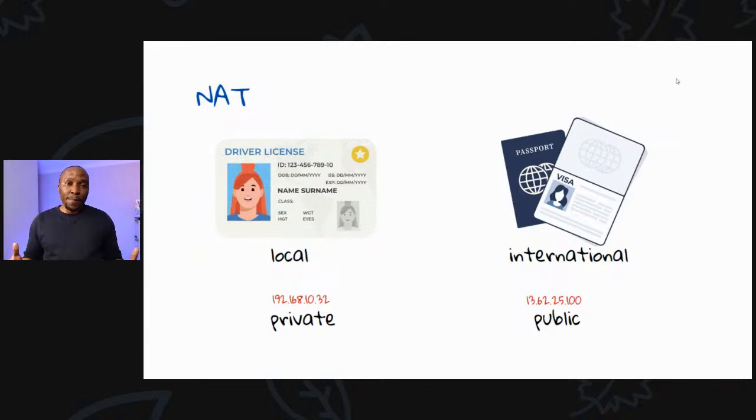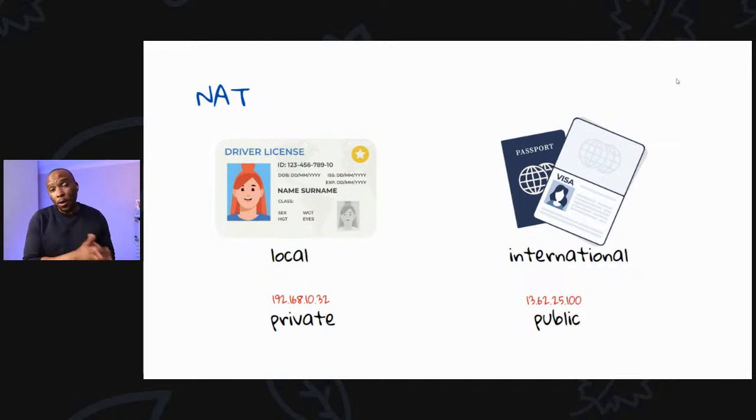The best example that we can look at when we are looking at NAT is your driver's license and your passport. When you stay within the confines of your country, you can carry your driver's license as your form of identity.